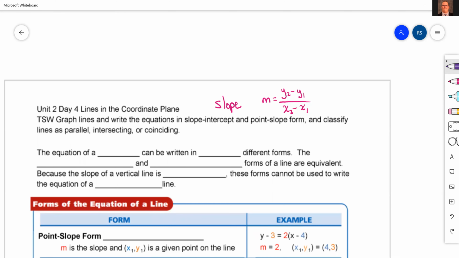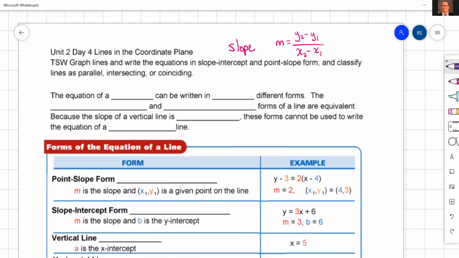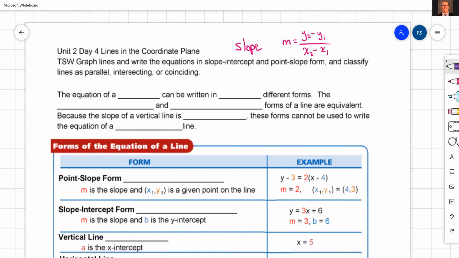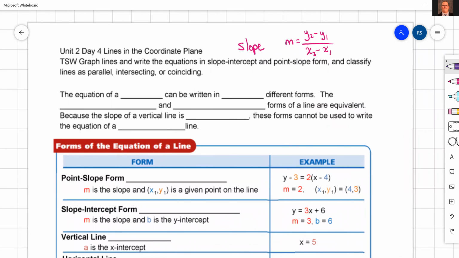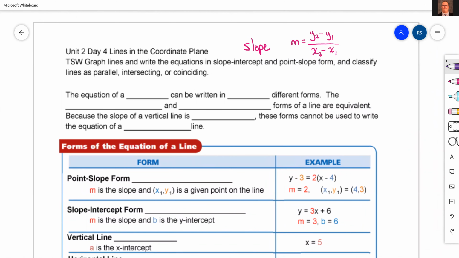That's how we found slope. So we're going to use that to help us find the equations of lines, which we can do the equation of a line in several different forms.